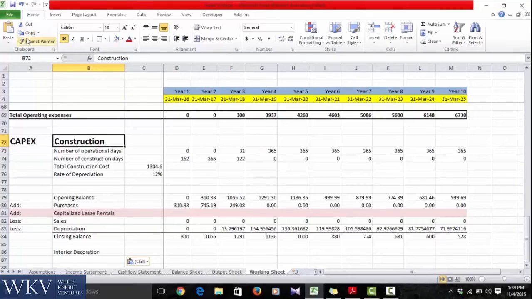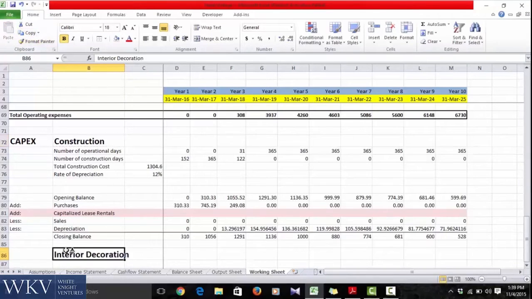The number of interior days is calculated exactly like the number of construction days.